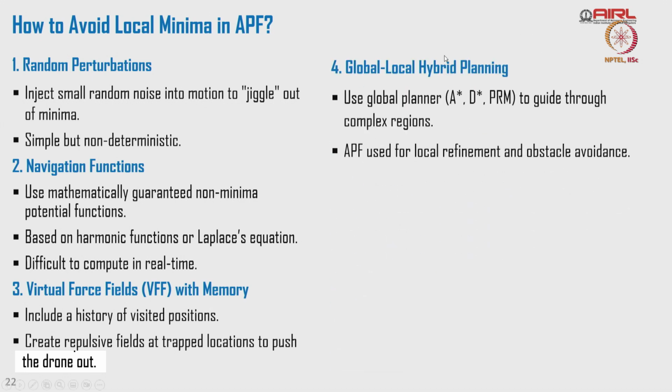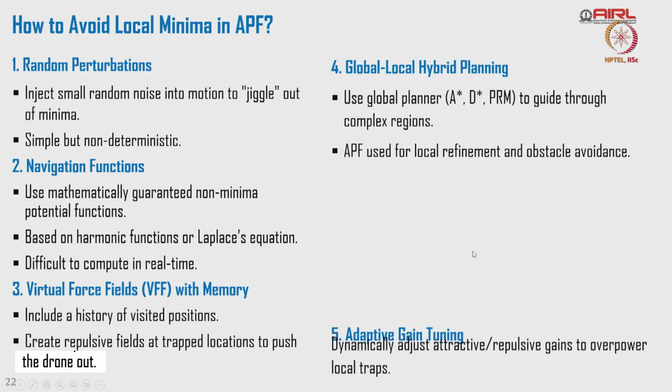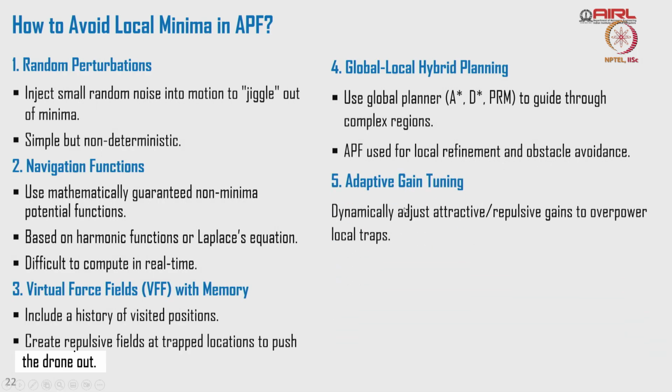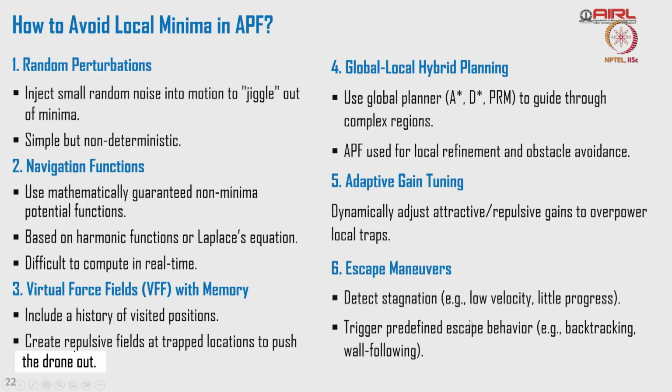You can also use global-local hybrid planning. You can combine A star or Dijkstra with the APF, right, to get a better solution. Or you can do adaptive gain tuning. You can dynamically adjust the attractive and repulsive gains to overpower the local traps, right?